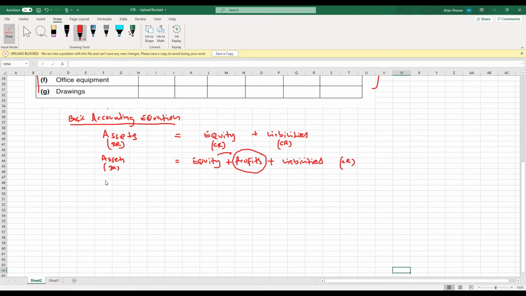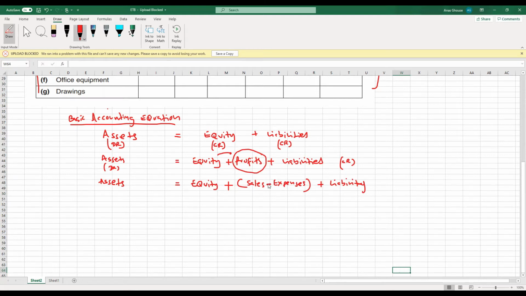Now if you further expand this: assets equals equity plus, instead of profit, I'll say within brackets, sales minus expenses, plus liabilities.